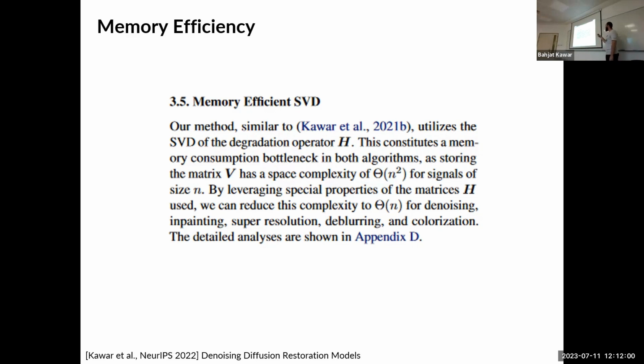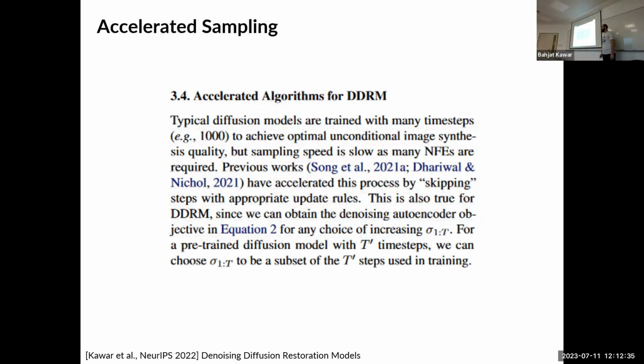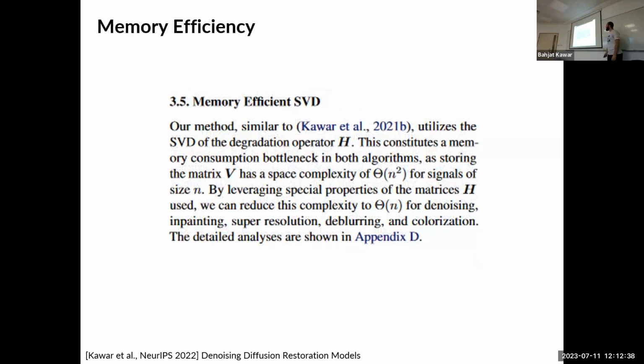For denoising, super resolution, deblurring, colorization, we wrote algorithms that can simulate the SVD with very good accuracy without incurring a quadratic memory complexity. We also did that for compressed sensing, both the Fourier and the Walsh-Hadamard, but we didn't talk about that. So for most interesting problems, the matrices can be decomposed into their SVD elements without a huge memory complexity nor a huge time complexity with the acceleration. So DDRM works really efficiently.